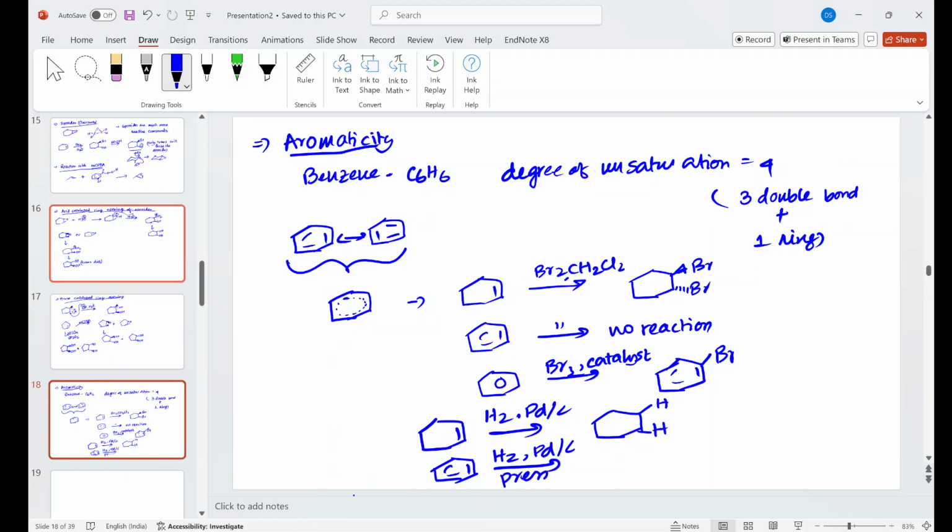This pressure you need to give is 300 atm. Then it will react. So basically, all these things indicate that this benzene ring has much more stability.